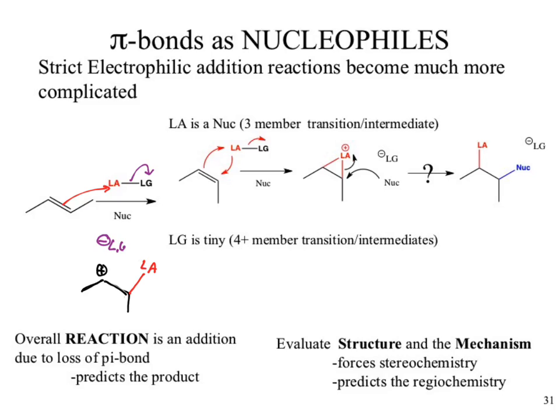If it's tiny, can that negative be stabilized? No. So if it's going to get forced out, it needs to get forced out someplace where it can immediately be stabilized. I wonder if there was something positive nearby. Yes. So what happens under these circumstances for these four-membered transitions is that our Lewis acid and our leaving group align with the pi structure.